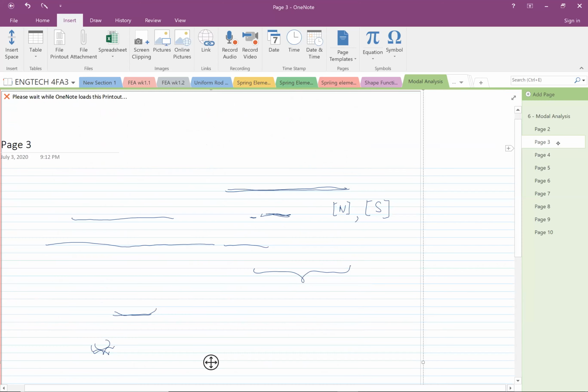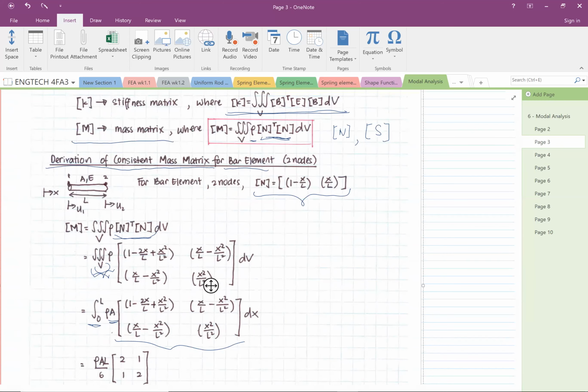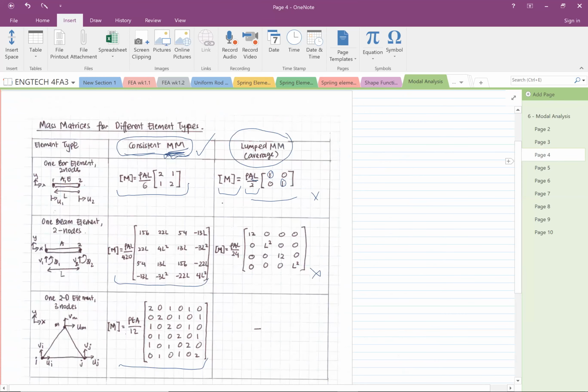Basically, it means I have to do an integration from one node to another node to get the mass matrix of the system. For the lumped mass matrix, I'm not doing any integration.